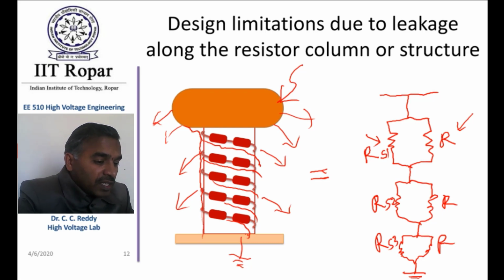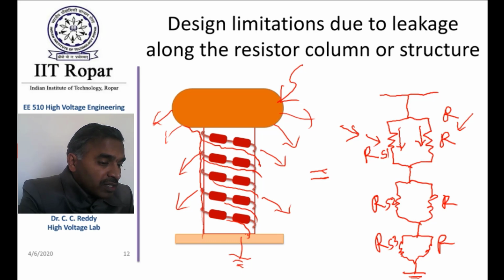Now consider a case where RS is smaller than R. RS is smaller than R, which will dominate. The current through leakage is higher than the current through the divider.